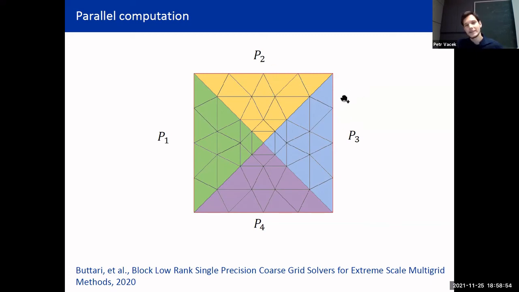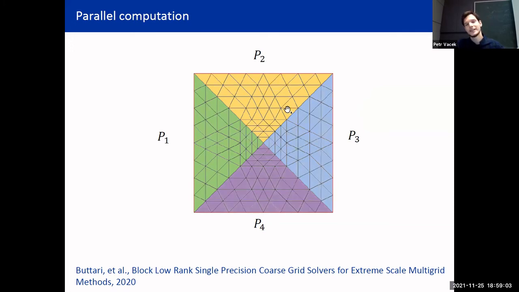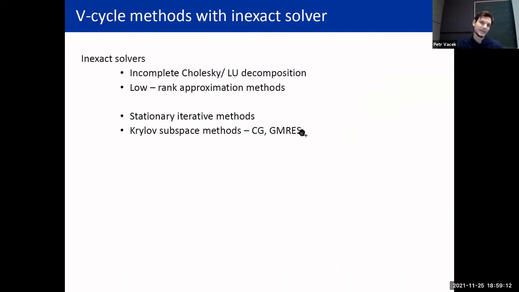So it is not advisable to have really coarse grids, and it is better to have a triangulation with more degrees of freedom.